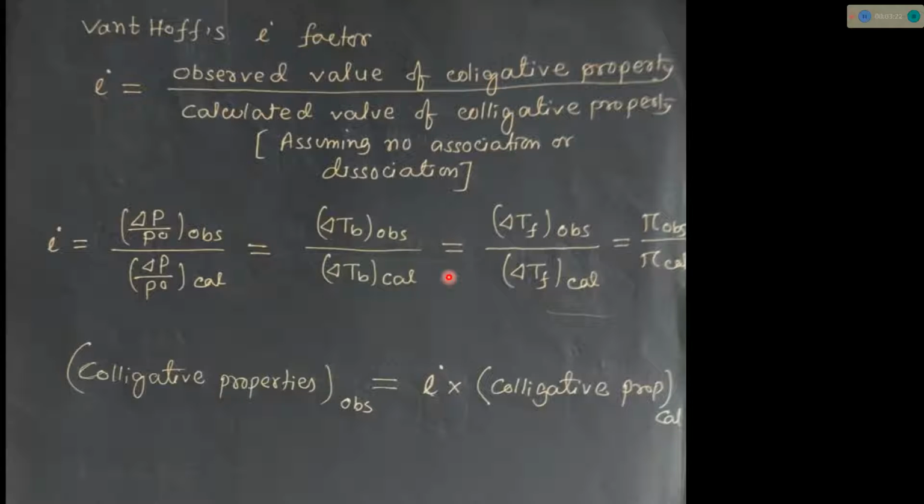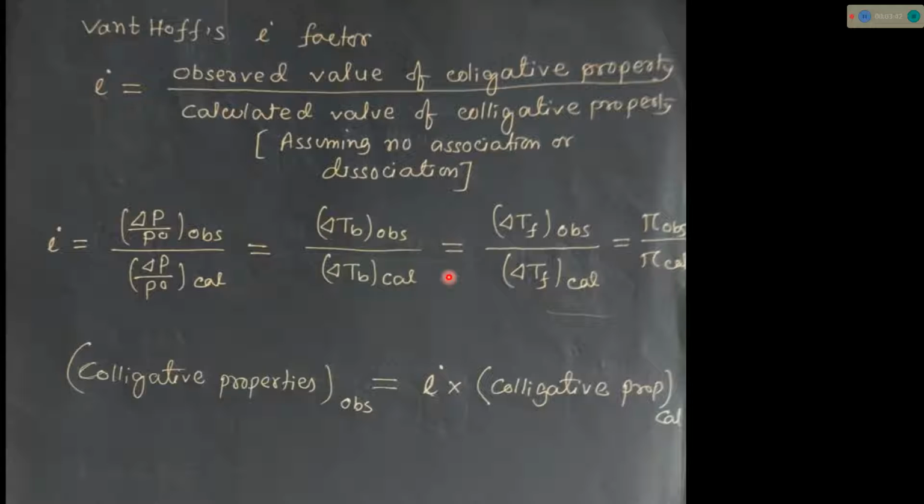When we assume for a solute that there is no association or dissociation, we only assume the solute as a particle, and we all know that these colligative properties depend on the number of particles or number of moles of solute.